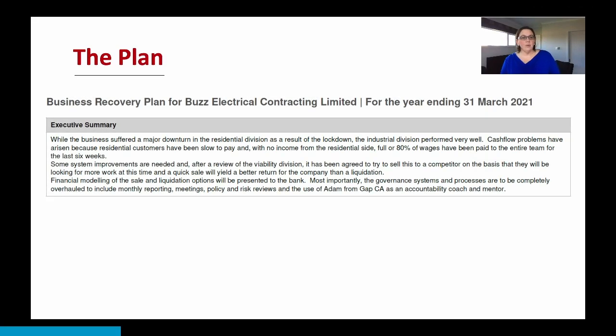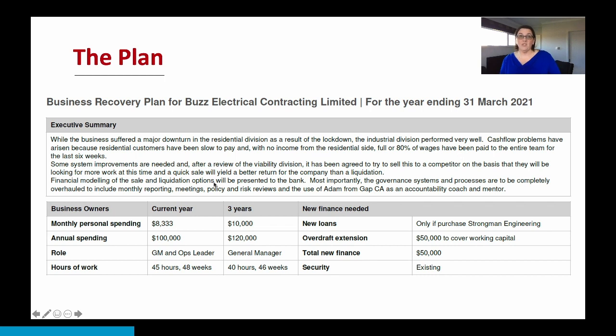So first of all, we have an executive summary, which talks about the impact in the current environment for the business. That's pretty much just a summary of what's going on. Then the business owners section.